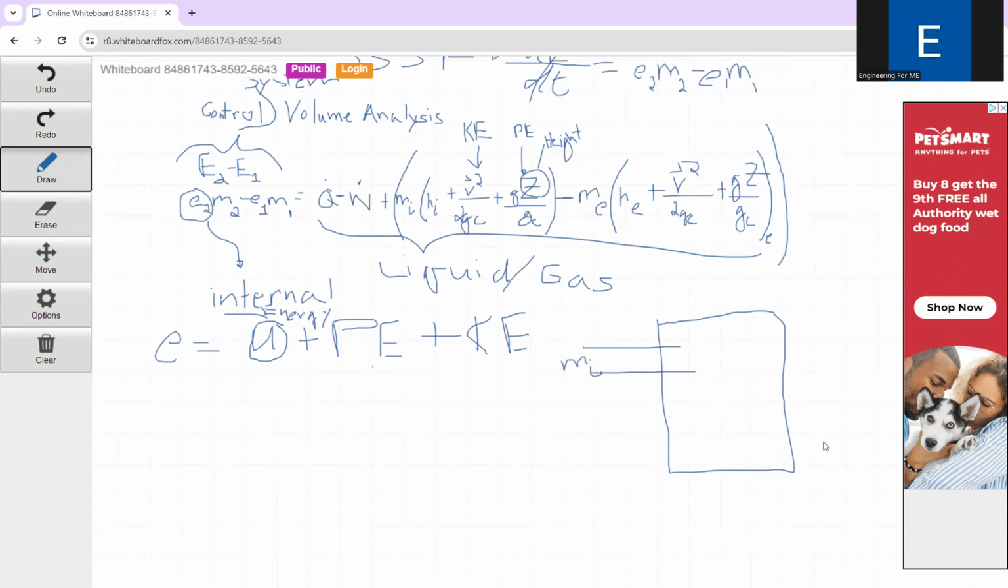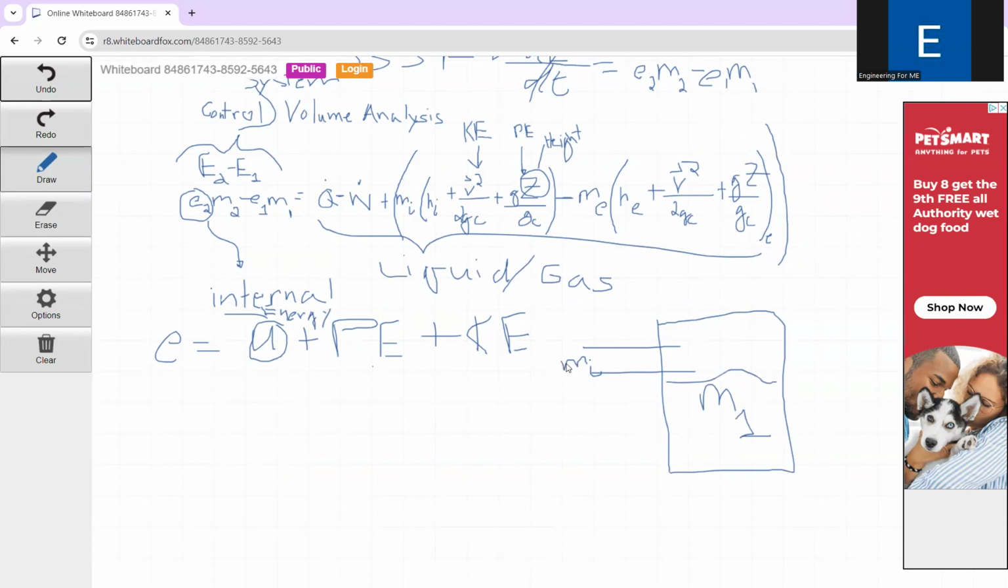There would be no ME. There would be nothing going in. So your ME would be 0, or this part of the equation would be 0. This entire thing would be 0. But the point I'm getting at is there's going to be an M1 here, an amount of liquid initially.